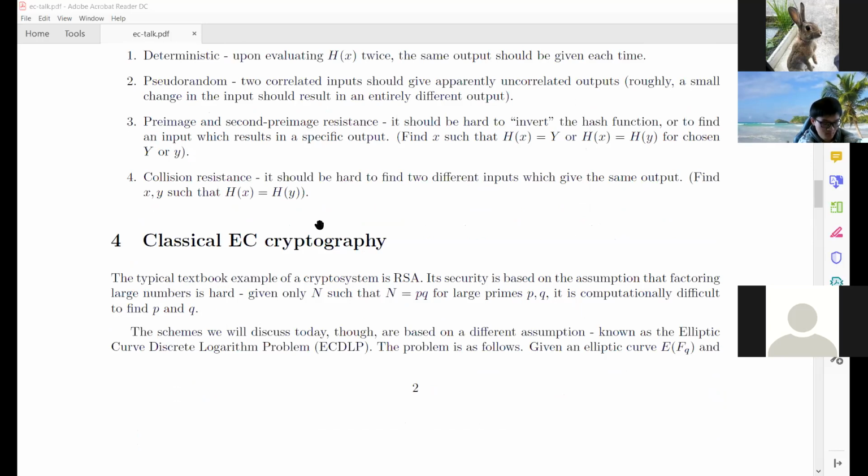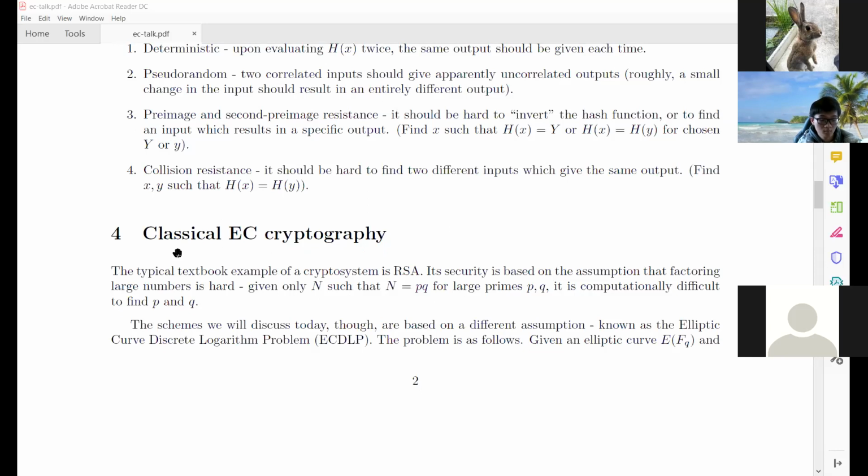But I won't get into that first. I'll start with classical elliptic curve cryptography. And I'll leave the isogeny stuff completely, because I think Tristan's going to talk about 2-isogenies and things in a couple of weeks. So I'll leave that stuff completely for today. But that's why this classical is here, if that's confusing for anyone.